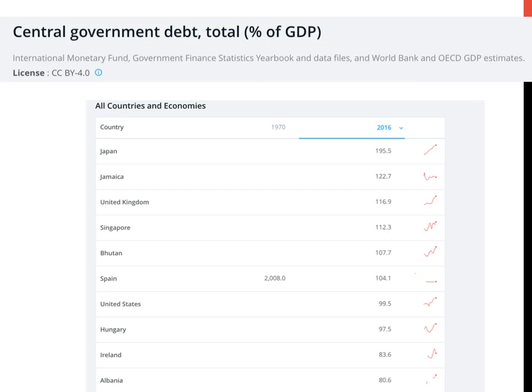And what you can see is that Japan has currently the highest government debt at 195.5% of GDP. And one of the big reasons for Japan's very high debt and growing debt is the aging of their population. So in Japan, fertility rates are very low and life expectancy is very high.